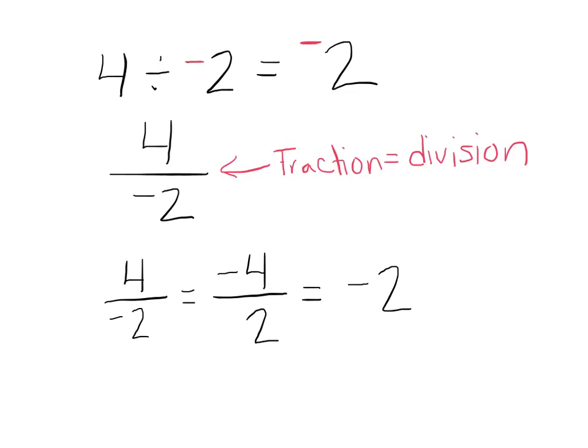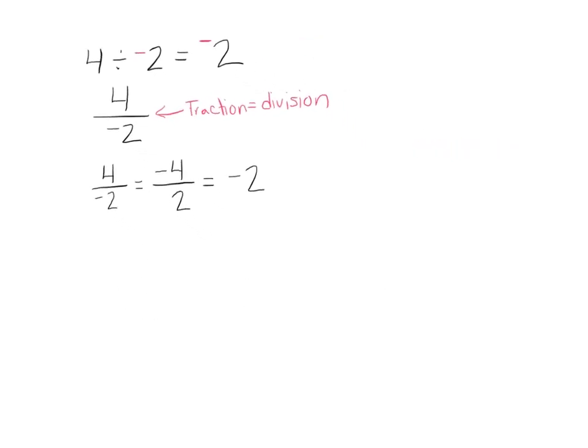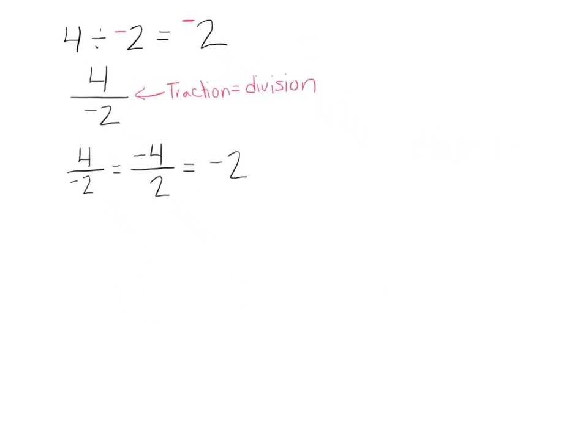What this also shows us is that when we're writing a fraction, I'm going to put this over to the side for a second. When we are writing a fraction, say 1/2, I can think of that as 1 divided by 2. Okay? So if I want a negative 1 and I want to divide it by 2, okay, I can also write that as 1 divided by a negative 2. Okay, I still have one negative sign.